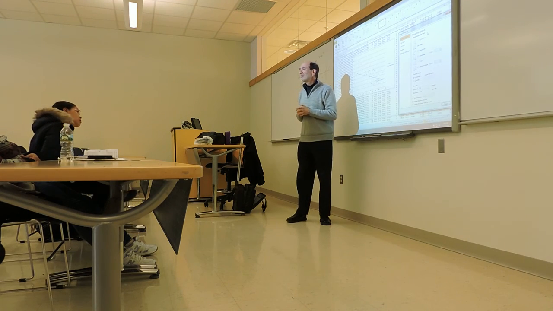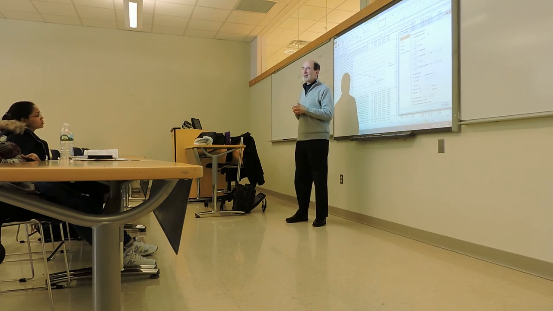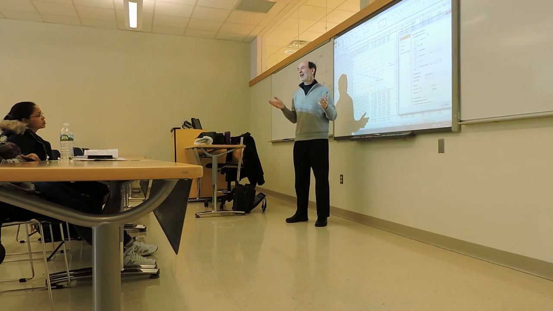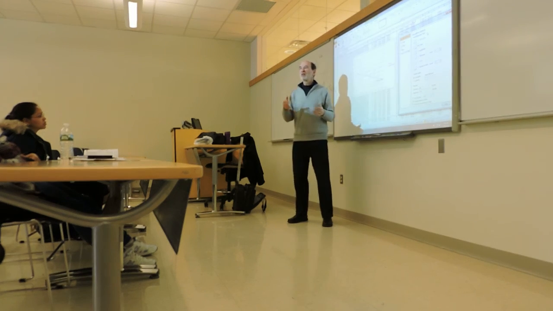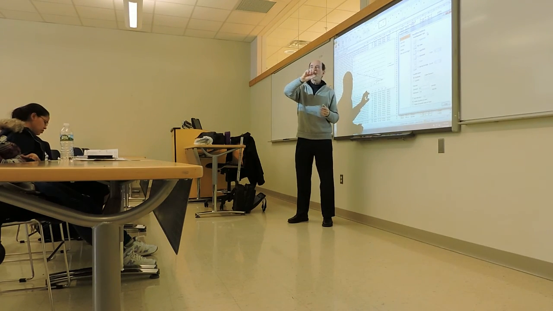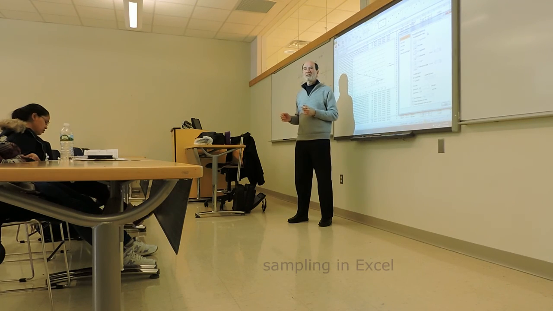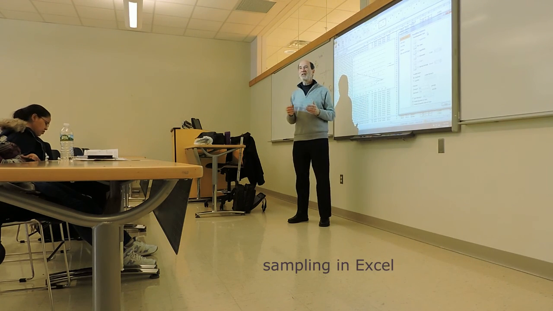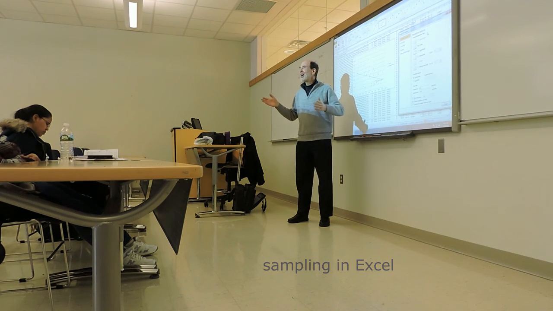But yesterday, I realized, wait a minute, I can't be the only person who ever thought of that. So I did a Google search on sampling in Excel, and came up with 26,000 hits. And the first 4 of them or so are YouTube videos on how to do this.